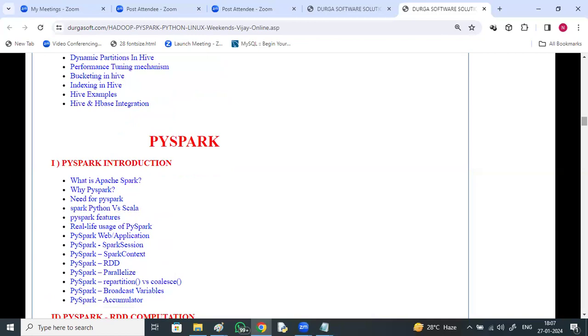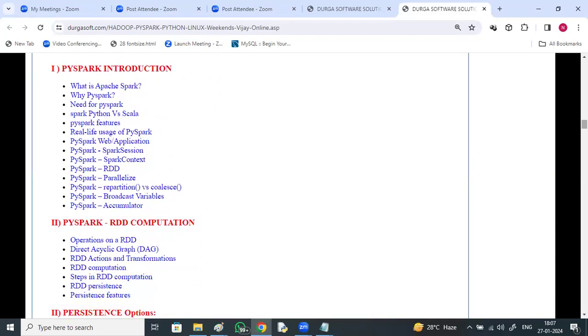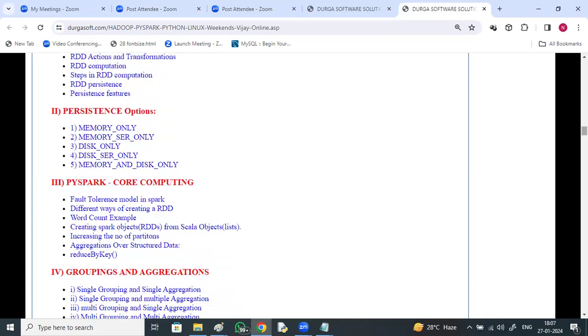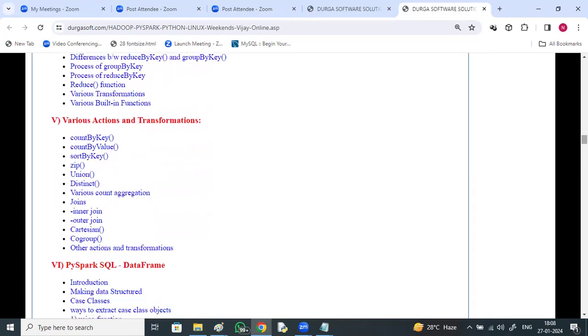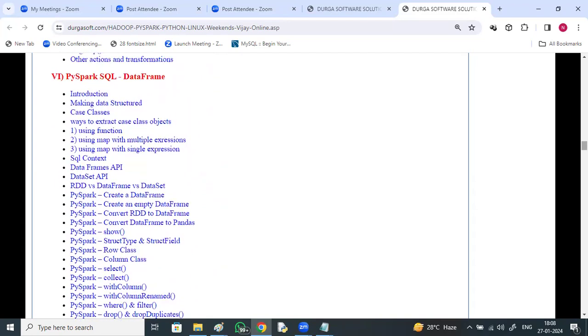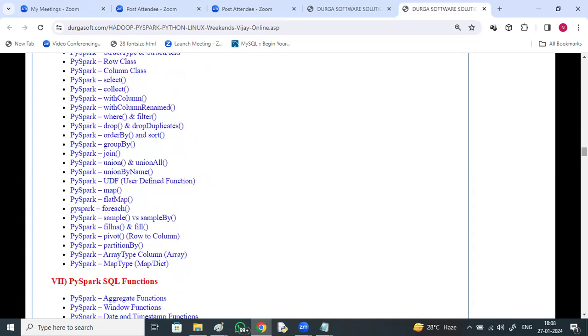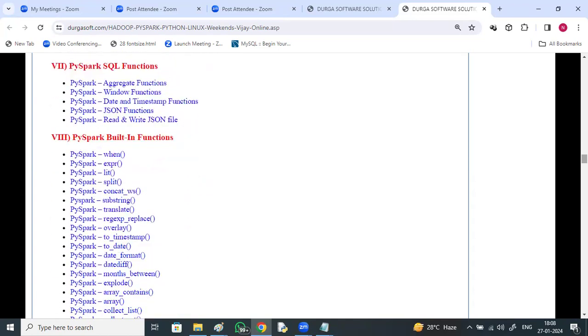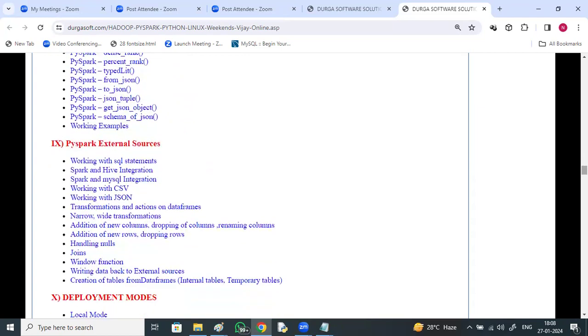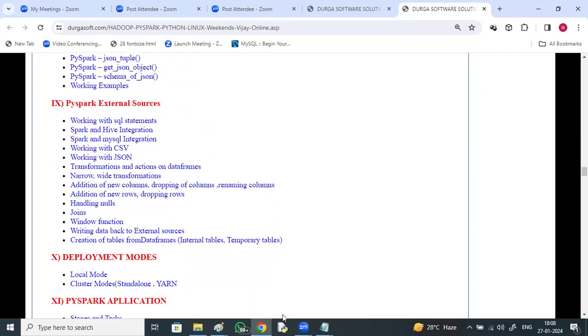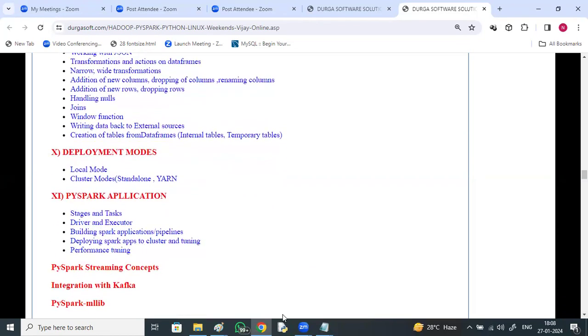Then PySpark RDD computations, persistence options, core computing, grouping and aggregations, actions and transformations, PySpark SQL data frames, data frame APIs, SQL functions, built-in functions, external sources, Spark and Hive integration, Spark and MySQL integration, working with CSV and JSON files, deployment modes, local mode, cluster mode, PySpark applications, stages, tasks, deploying Spark applications to a cluster and performance tuning, PySpark streaming, integration with Kafka, and the PySpark machine learning library.